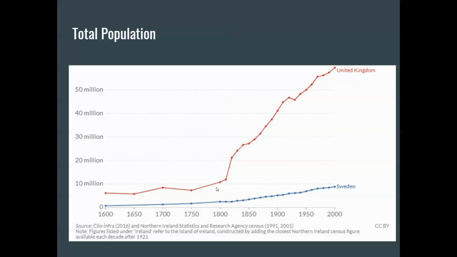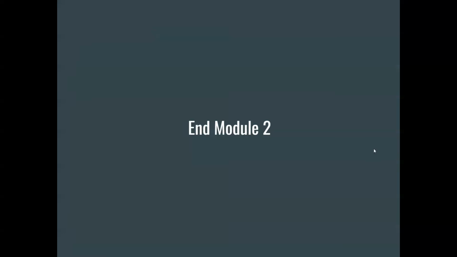In the case of the United Kingdom, starting in the mid-1830s, their population really took off and continued to grow, not because of a change in births, but because of a change in migration, much more than Sweden experienced. All right, so that is largely the end of Module 2.